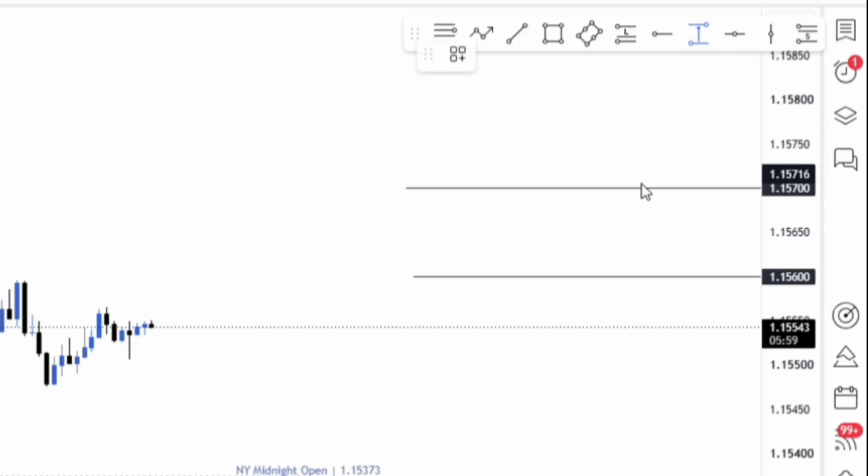Let's calculate it. From here up here, you can see it is 10 pips.